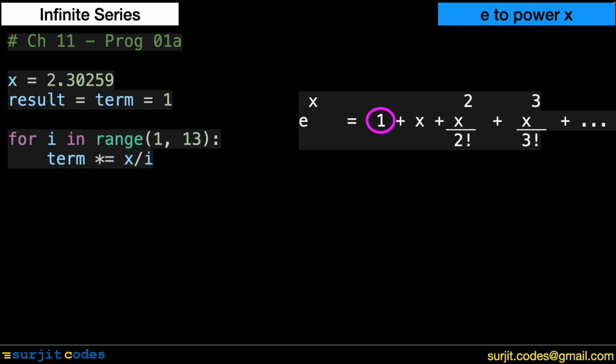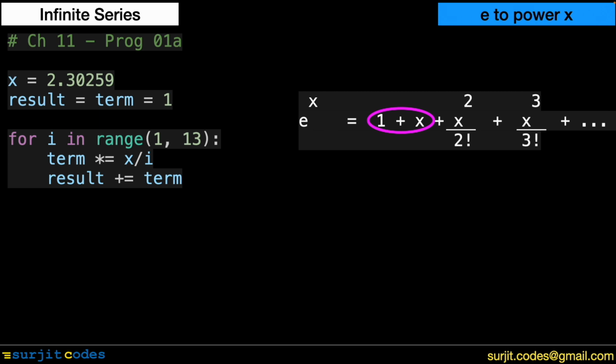We notice that the ratio of the new and old terms is always x by i. We will use this relation to find subsequent terms. Old term is 1, therefore for i equal to 1, the new value of the term becomes x. This way, we do away with the factorial function, which saves a lot of time.